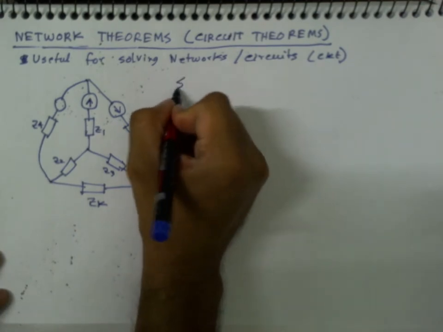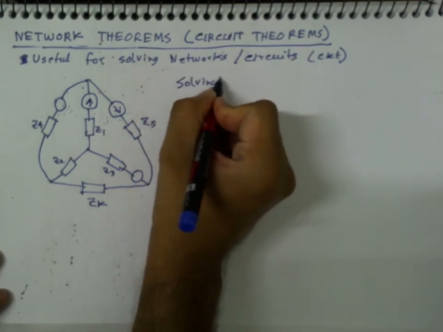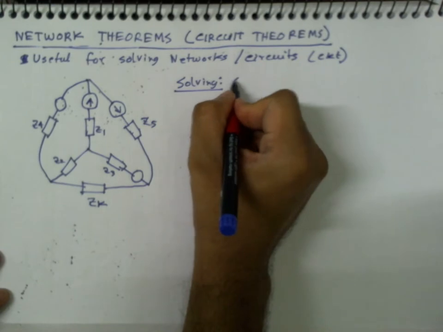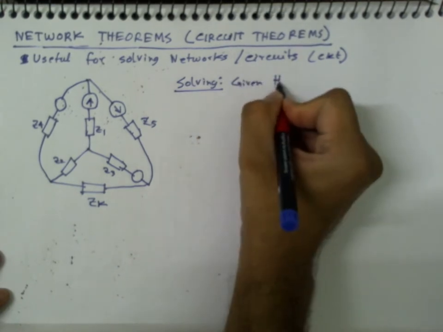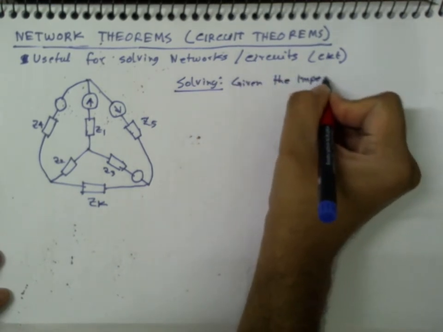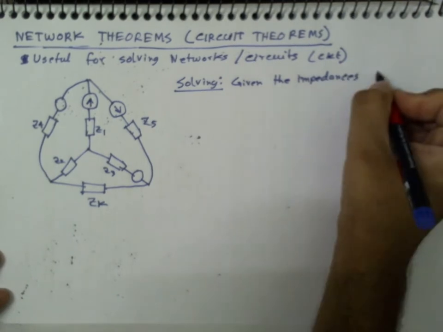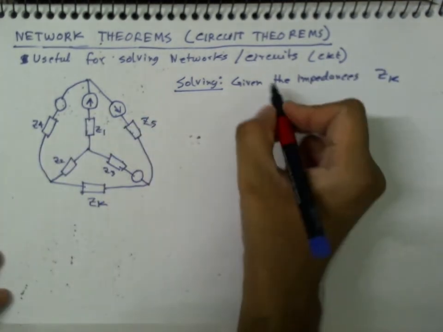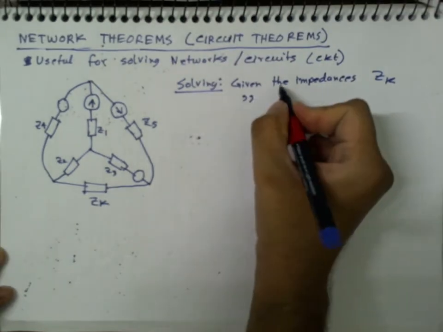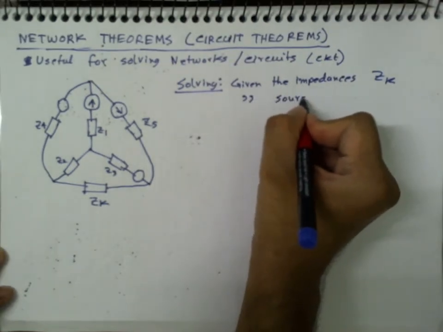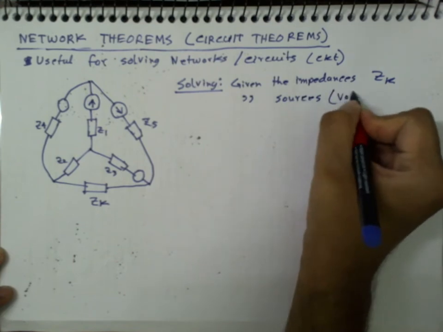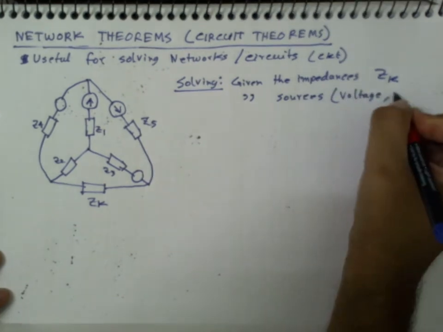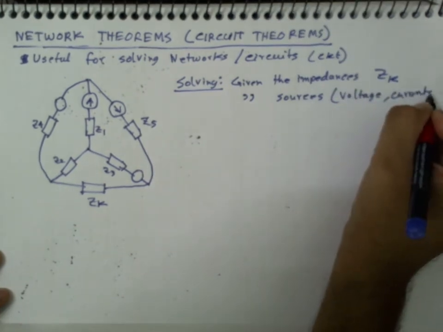Now, solving this circuit means that we are given the impedances, Zk in general, Z1, 2, 3, 4, etc. We are also given the sources, that means voltage and current sources, so their values.